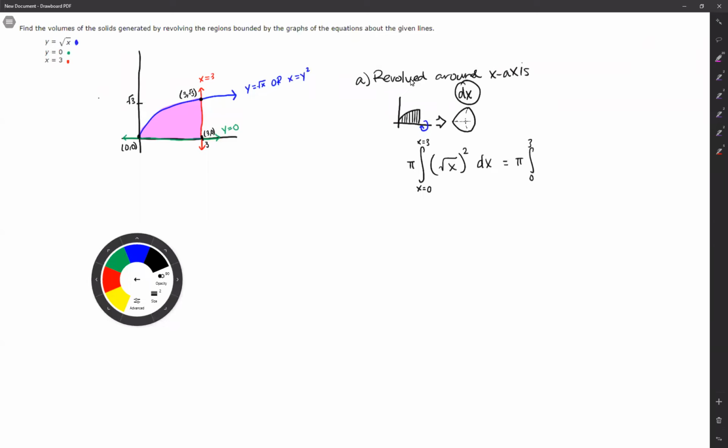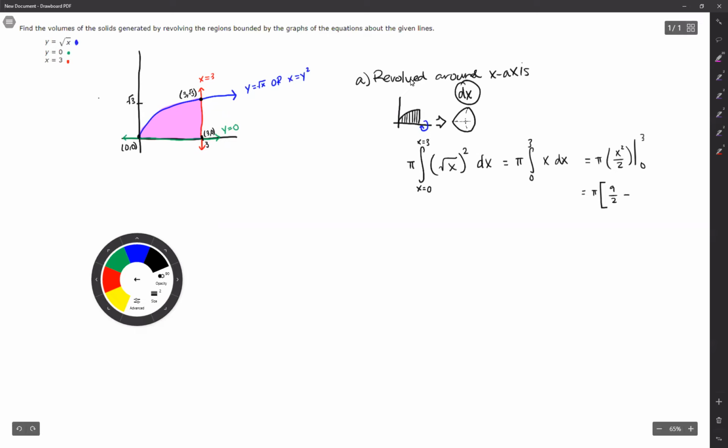Okay, so this resolves the inside. Right, square root of x squared is just x. Integral of x dx is x squared over 2, so that's pi times x squared over 2, evaluated at 0 and 3. So plugging in 3, let's keep that pi on the outside, we get 3 squared, which is 9 over 2.